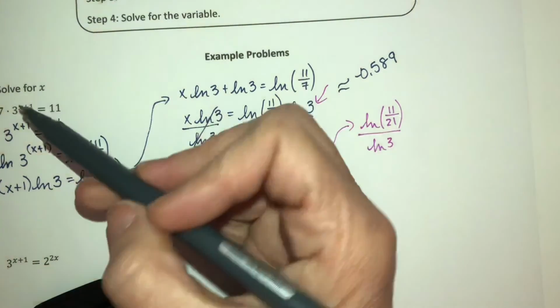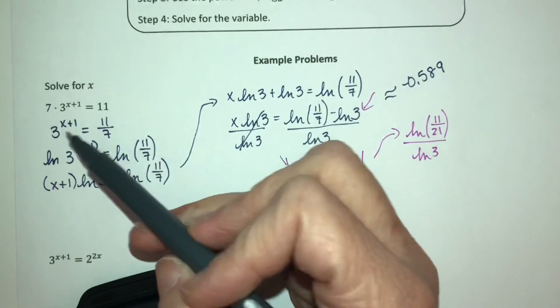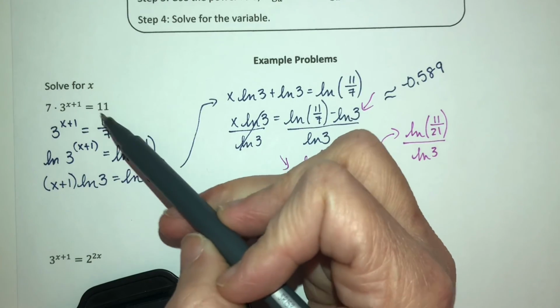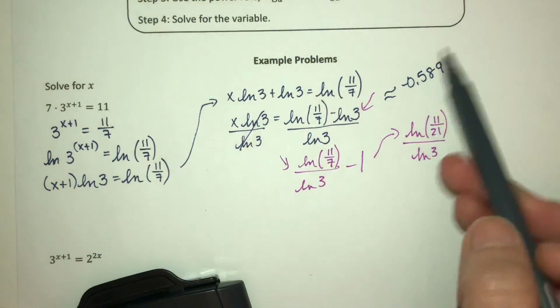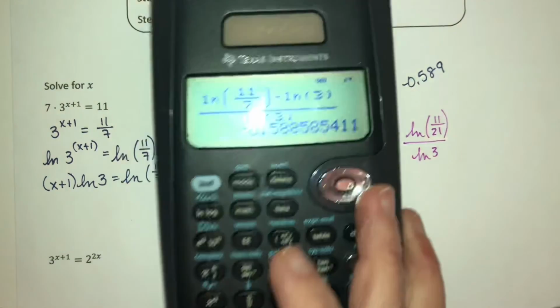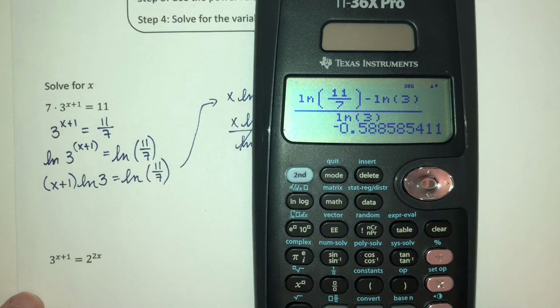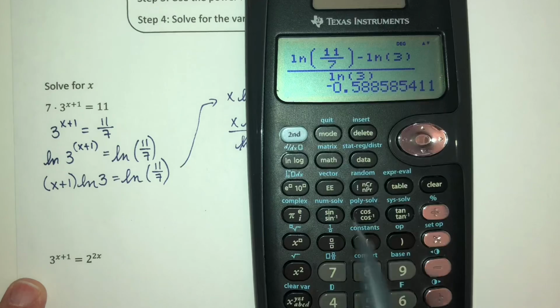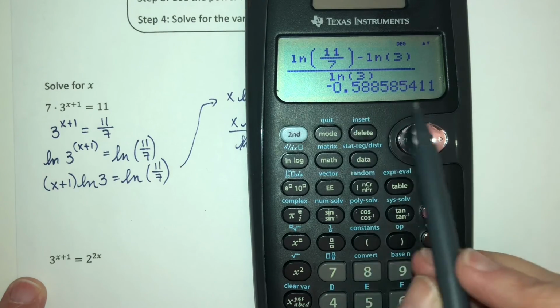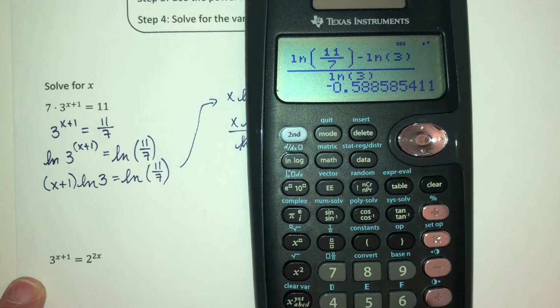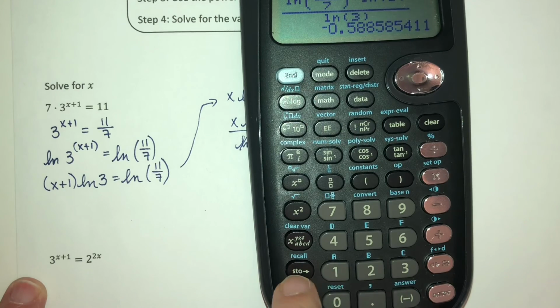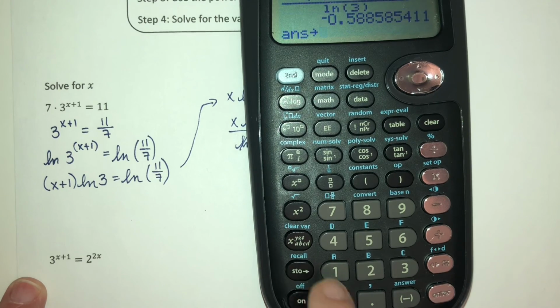Now, if you want to check this, you could check it with the decimal approximation. You plug it in here, and once you did all the arithmetic, you'll end up with something really close to 11. Not 11 exactly, because that's an approximation. Or if you want to learn how to use the memory on your calculators, this is as exact as this calculator can calculate. And I'm going to store it, STO, store.